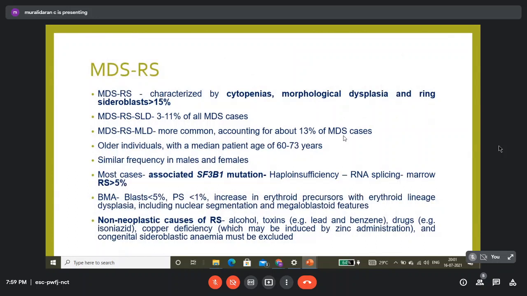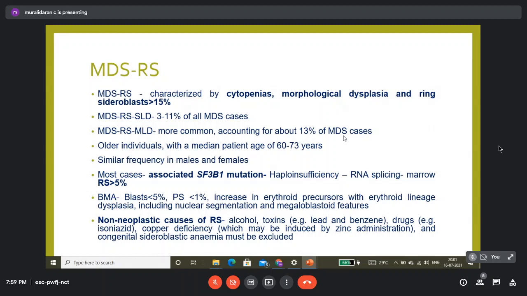Here we can see cytopenias and ring sideroblasts more than 15%. In this type of patient, when the SF3B1 mutation is present, we can diagnose even if RS cells are more than 5%. So that's why molecular studies are very important in some cases of MDS.